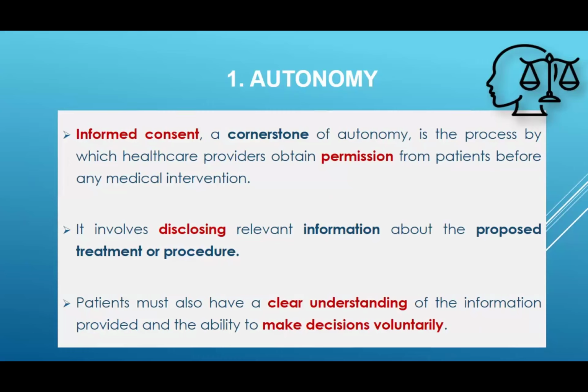Each patient has the right to have his wishes carried out in his body. But if he loses consciousness or the capacity to make decisions, or his competency to make decisions is affected, then he loses his right of autonomy.